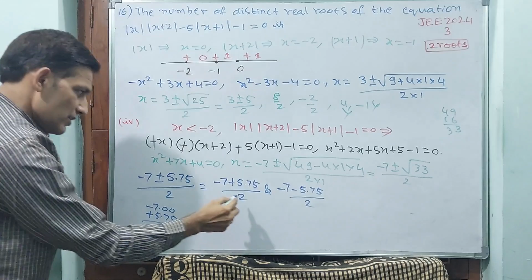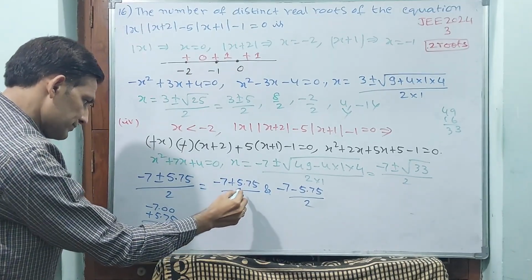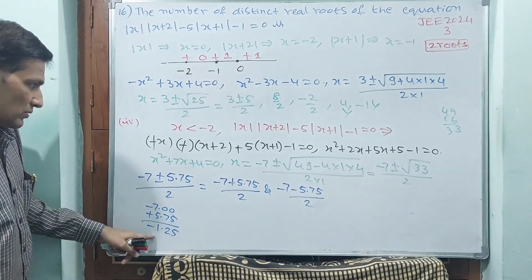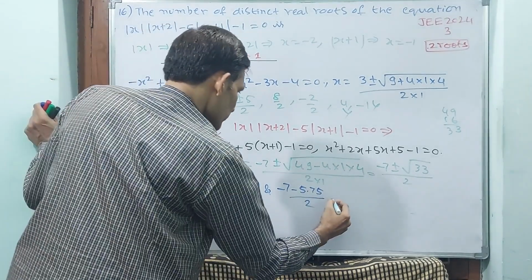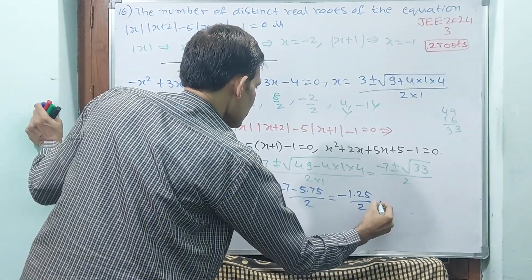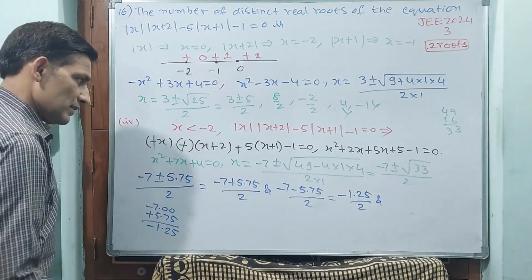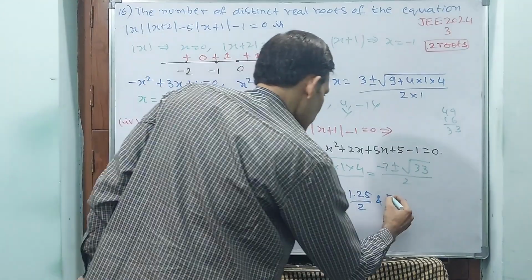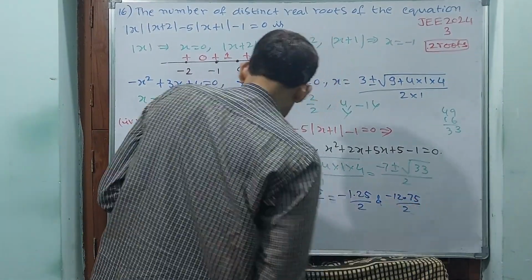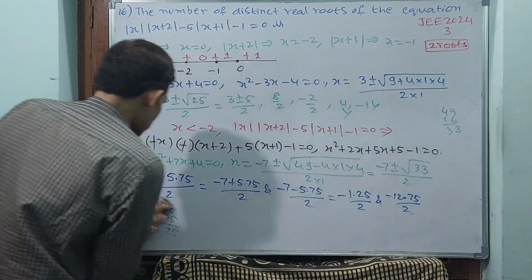That is why this root. Okay, wait, I have to divide by 2 also. That is equal to minus 1.25 by 2, and this you take minus 12.75 by 2. Now even division also you have to do.